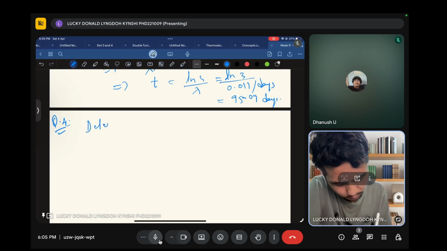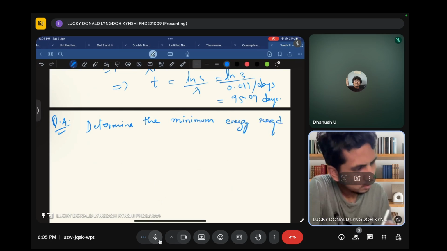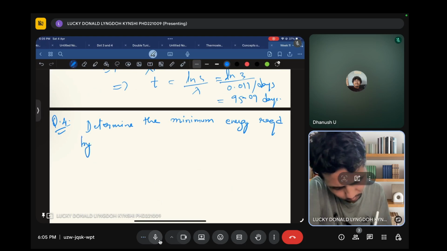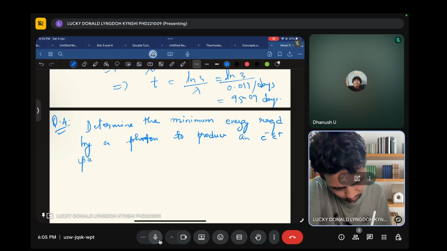Determine the minimum energy required by a photon to produce an electron-positron pair in a process.